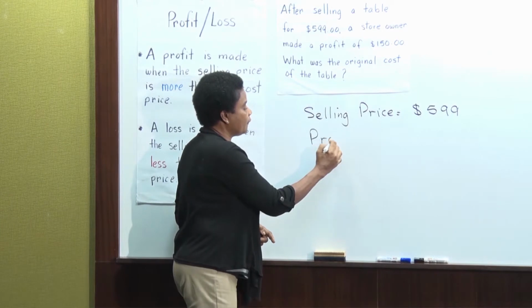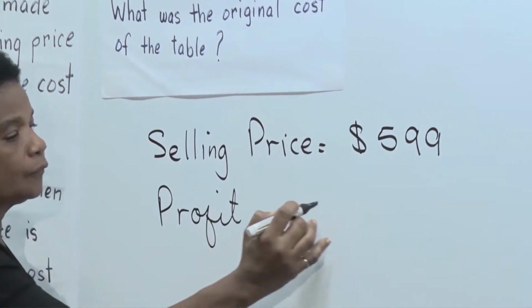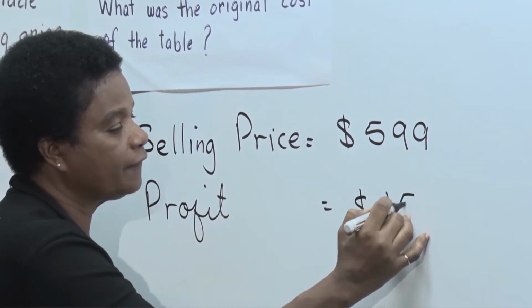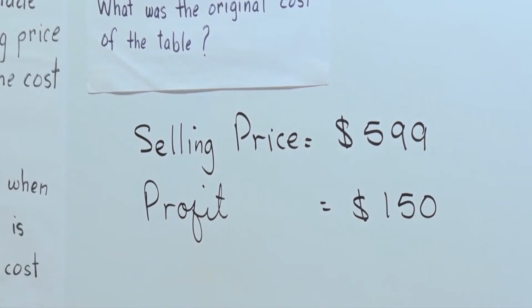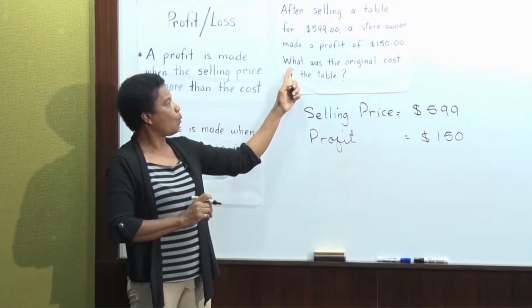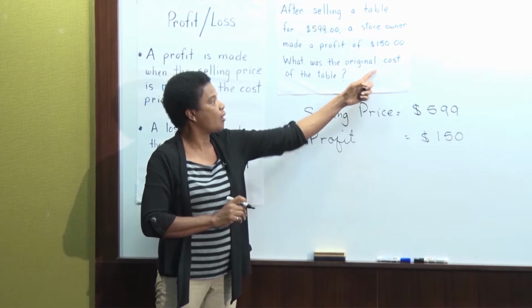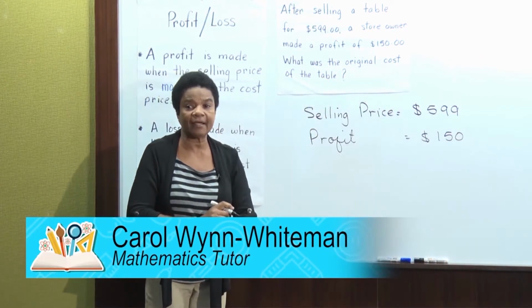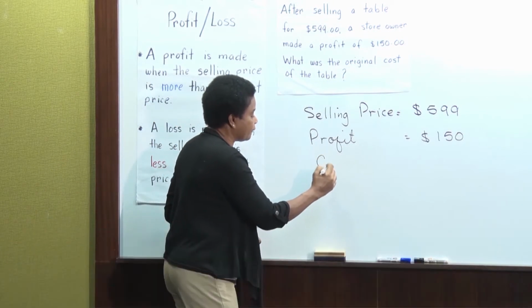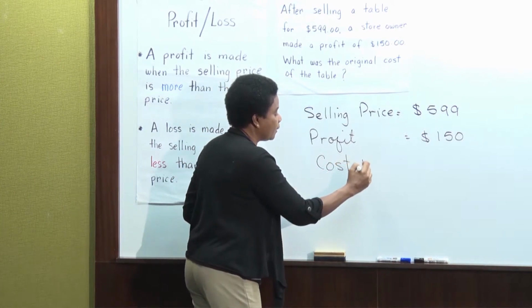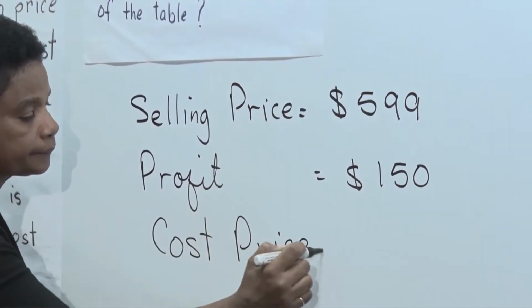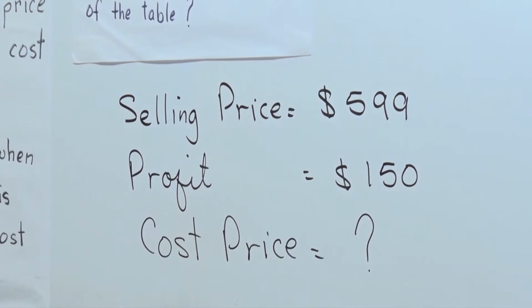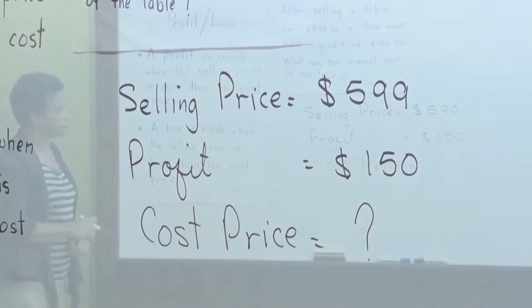So his profit was $150. What does the question ask us to find? What was the original cost of the table? In fact, the question is asking us to find what was the cost price. That's what we have to find. Let's go back to our chart.